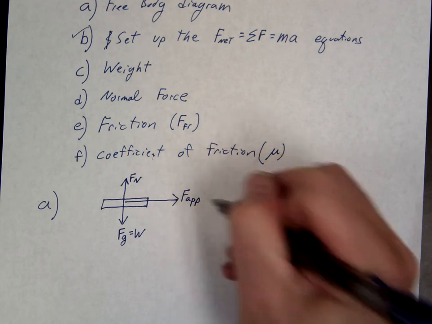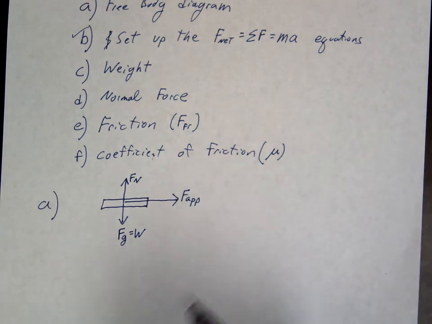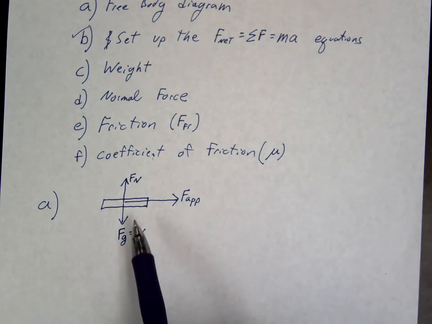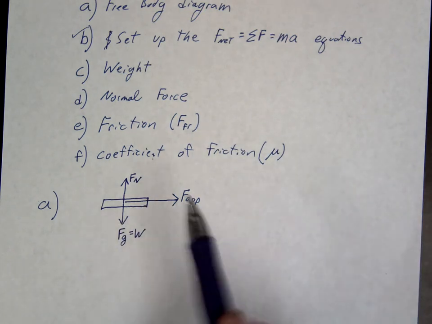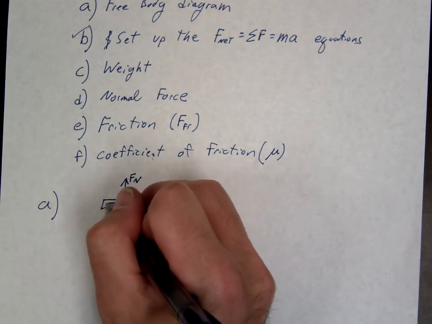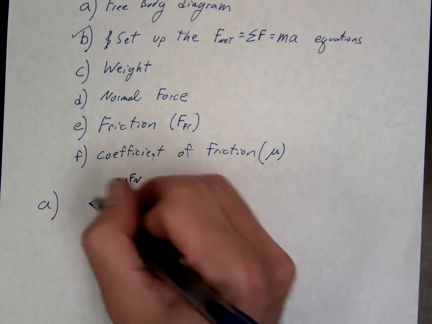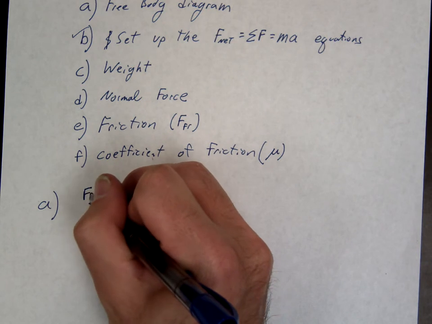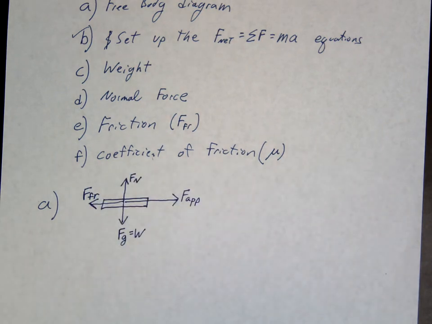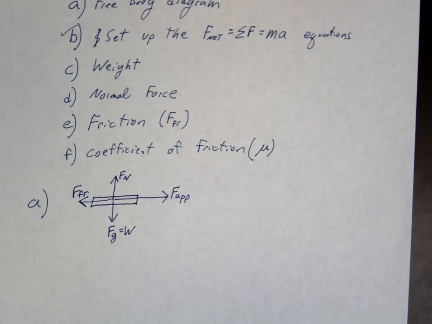You could also call it a push force, or depending if you're using a rope, maybe it's a tension. And then anything else? Friction. So there we go. There's our free body.